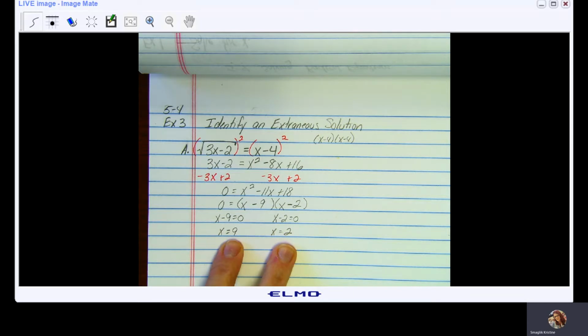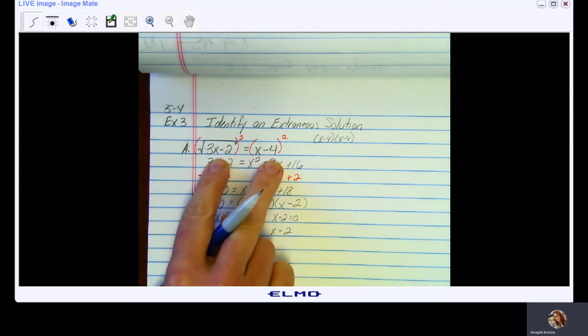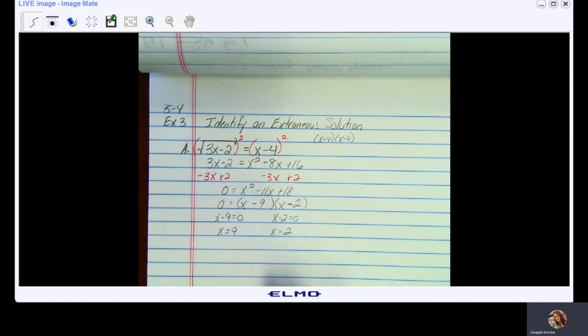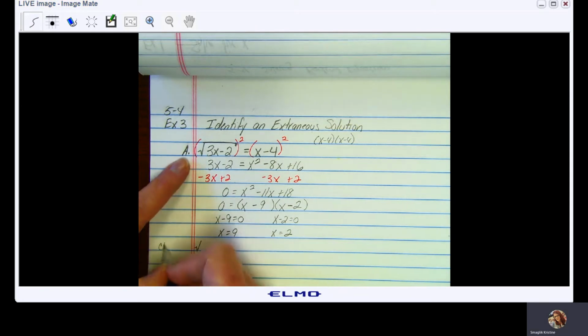So that would be an x value that maybe pops out here. But if you were to plug it back into your original equation, it would not create a true statement. So let's take a look at x equals 9. I'm going to go back to my original, and I'm going to check. x equals 9.